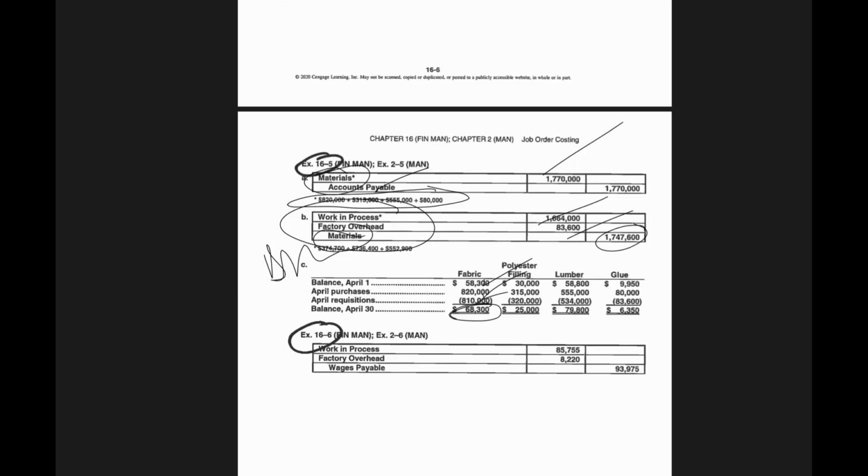So if you look at this entry, there's our debit to factory overhead. The sum of all 8 of those amounts right here is our wages payable, and then the rest of it to balance it goes into WIP. So identify what's overhead, know the full amount, and the rest of it goes into WIP.